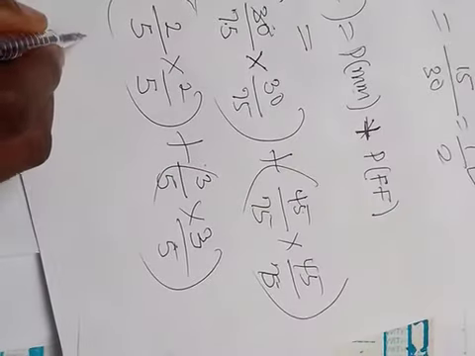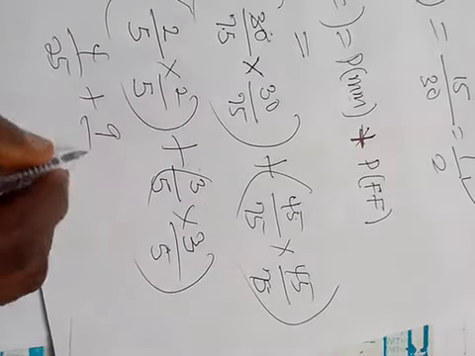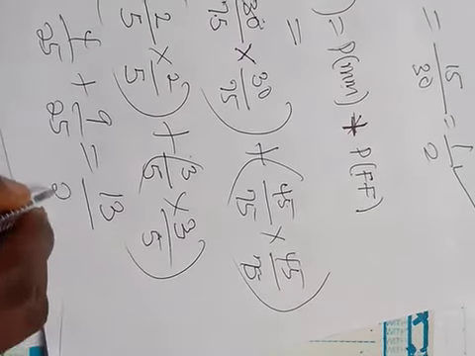This is 4 over 25 plus 9 over 25, which gives us 13 over 25.